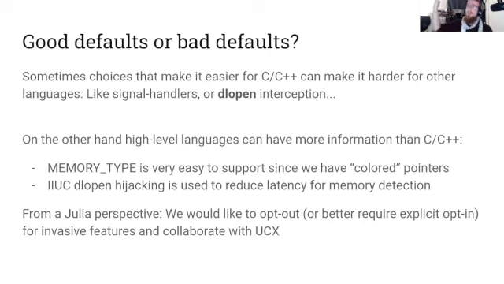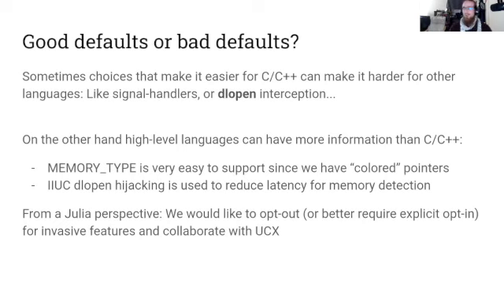Is this a GPU pointer? If so, I need to do something different. And so it's working around the latency of the CUDA interface for actually querying the fact that this is a CUDA pointer. And this might be a good choice for C and C++, where adding the knowledge, oh, by the way, this is a CUDA pointer, from the user side is very tedious, because it's just a pointer. Right? You don't have a color, the pointer is not special.